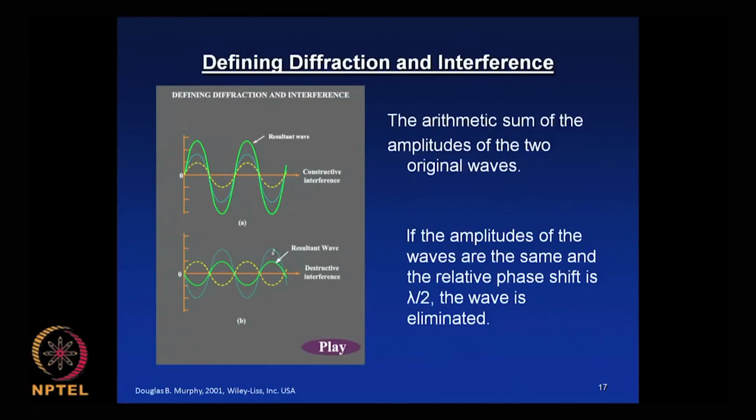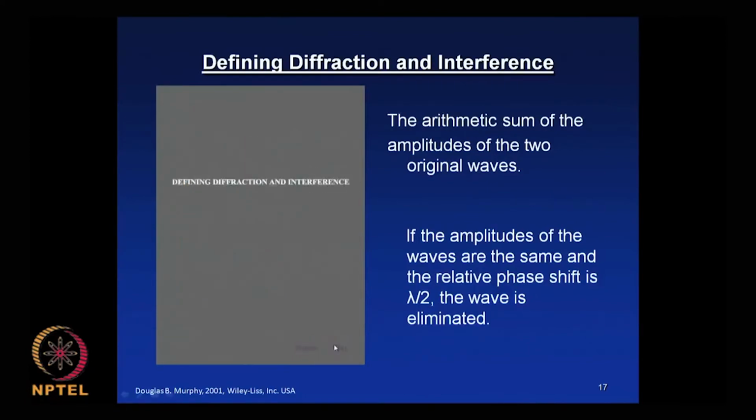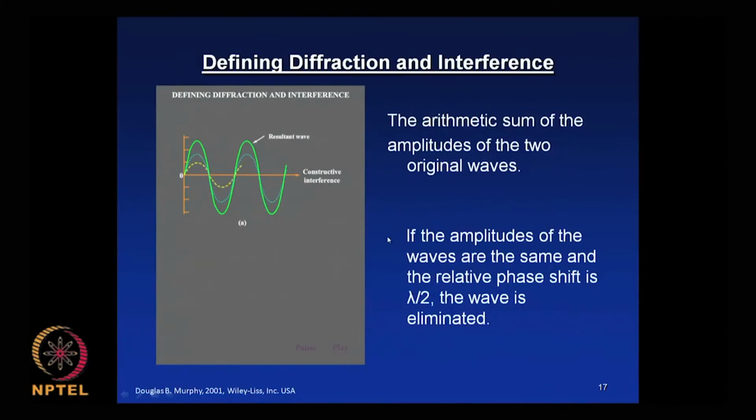Here is an important slide where we are going to define diffraction and interference. First I would like you to look at this schematic. Event A describes the constructive interference, that is the arithmetic sum of amplitudes of the two original waves.